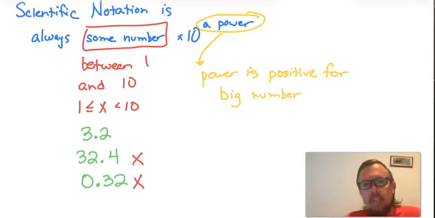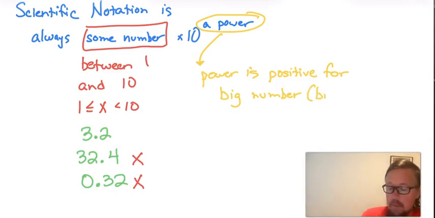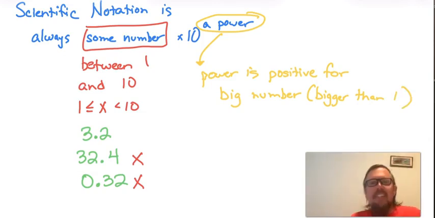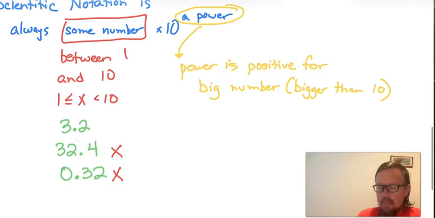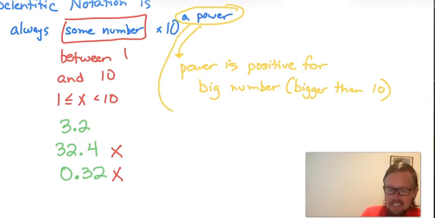And when I say big numbers, I mean numbers that are bigger than 10. That's what we mean by big, bigger than 10. Really, I should say bigger than 1. You can use scientific notation to write the number 1, I suppose. You know what? No, I'm going to say bigger than 10. I'll get to the 1 in a second.